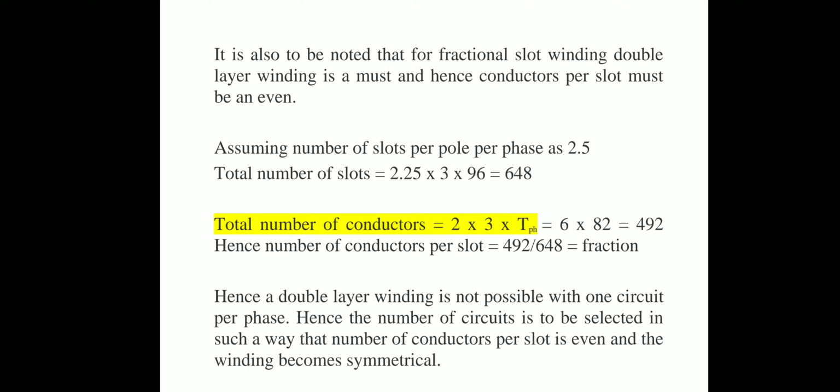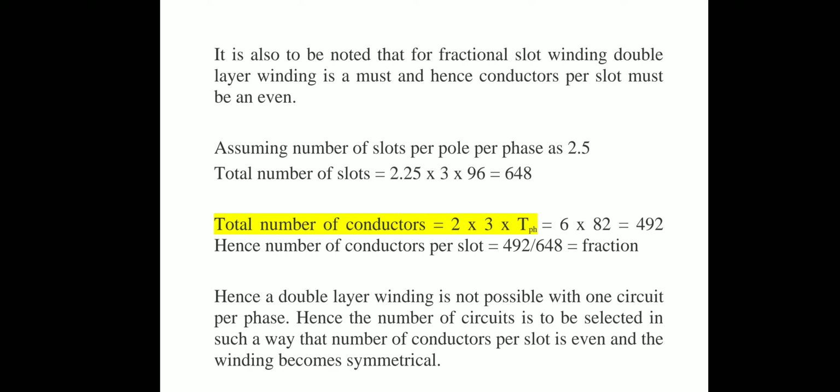Assuming the number of slots per pole per phase as 2.5, actually it was 2.42. I am here assuming it is 2.5. It is still fractional. So the total number of slots will be equal to 2.25 into 3 into 96, which is 648.